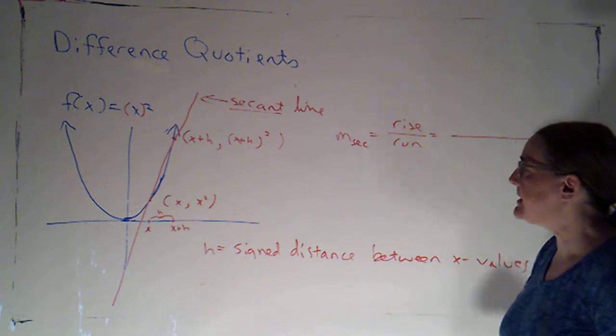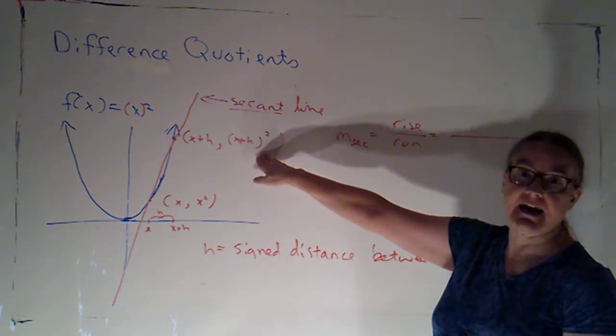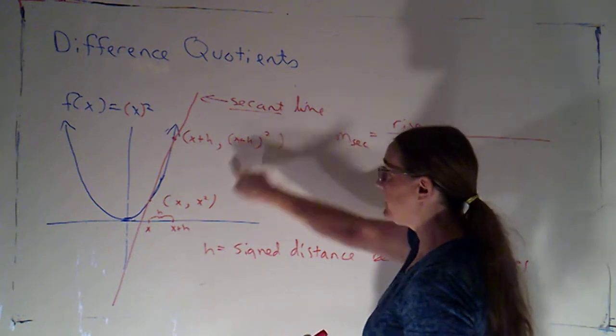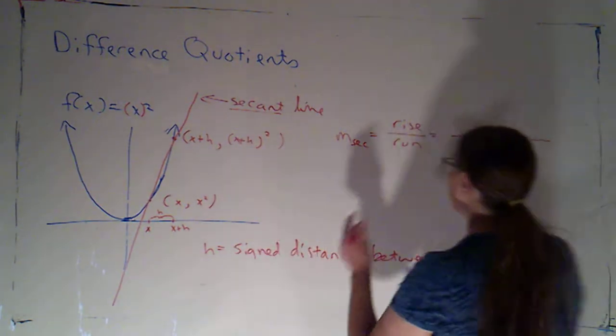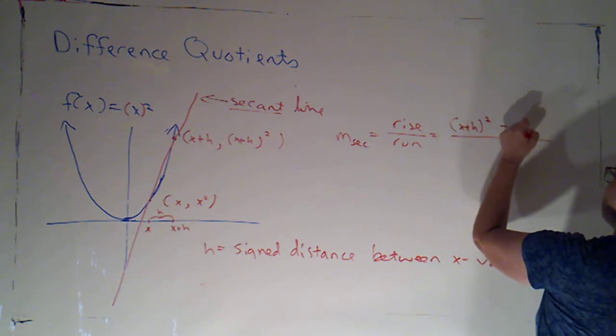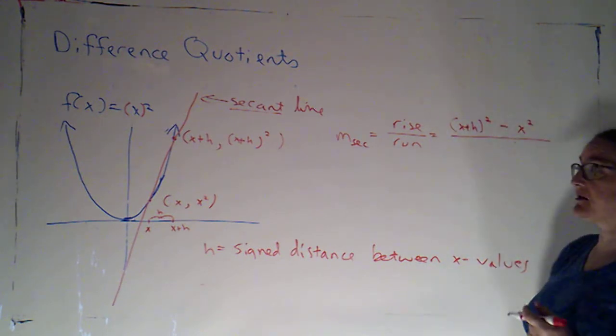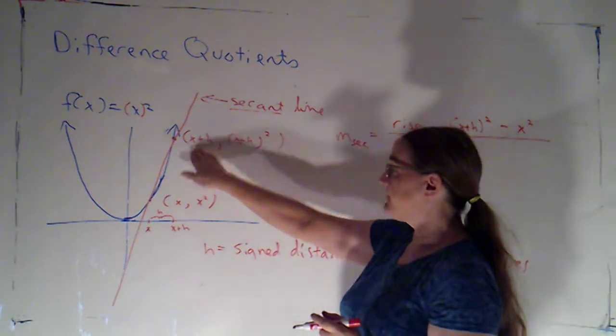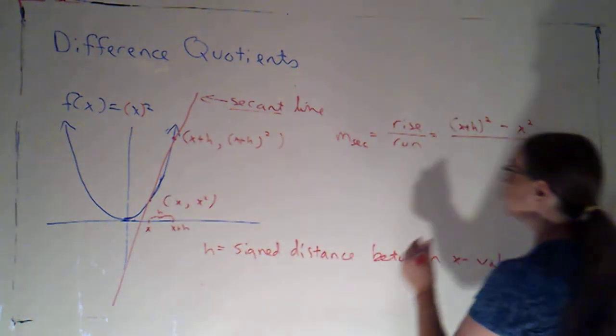It's generally simpler if we start with the more complicated point. So for the rise, I'm going to take this y value minus this y value. So that would be (x + h)² minus x². And then for the run, that will be this x value minus this x value.